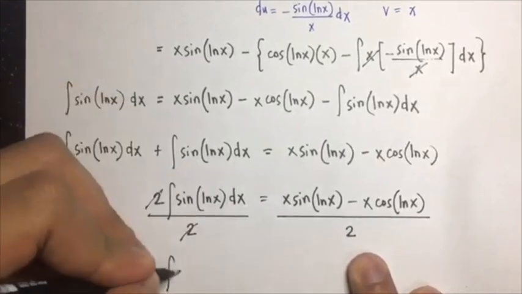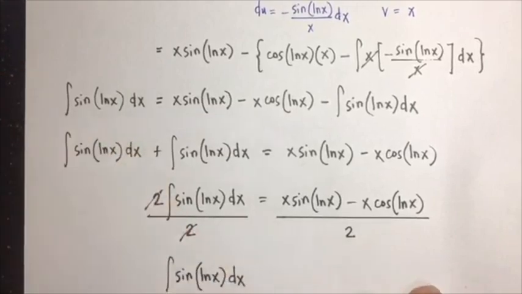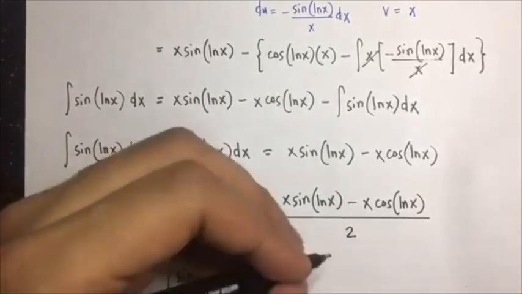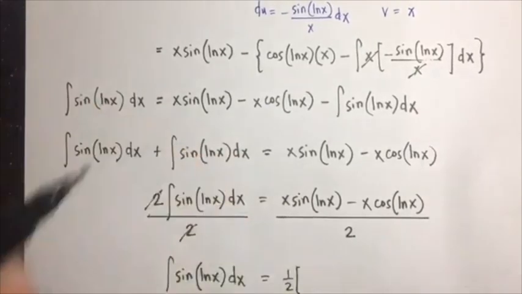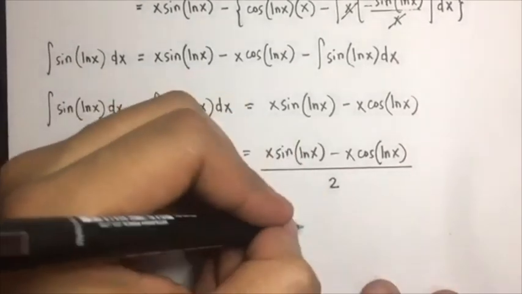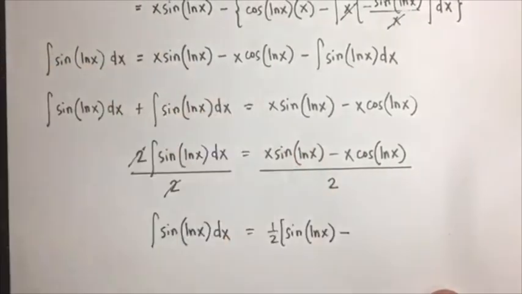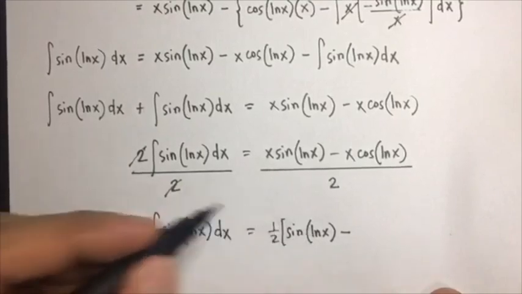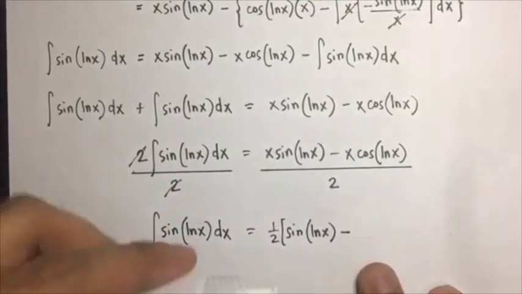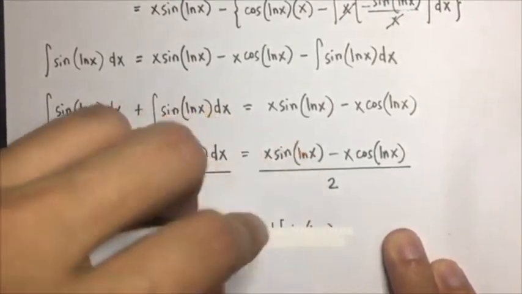The integral of sine of ln of x dx is equal to, factoring out the denominator 2, we will have 1/2, and then, sorry, we forgot about the x, so let's rewrite this.